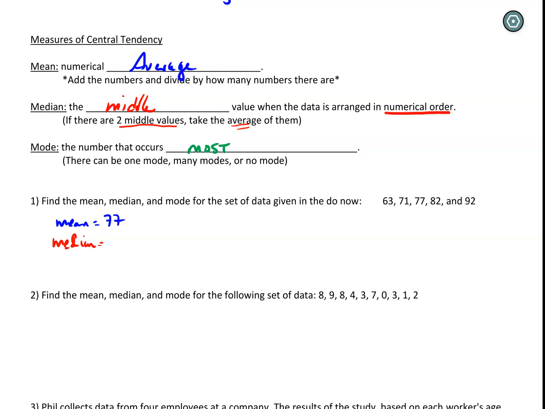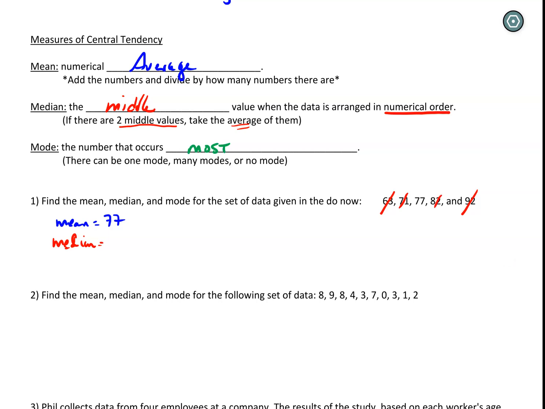What number's in the middle? If they're in numerical order, which they are here, I simply start taking them away from the top and the bottom. The best thing to do is just write them in numerical order, and then cross out 1 at the bottom and 1 at the top. So I removed the highest and lowest score.